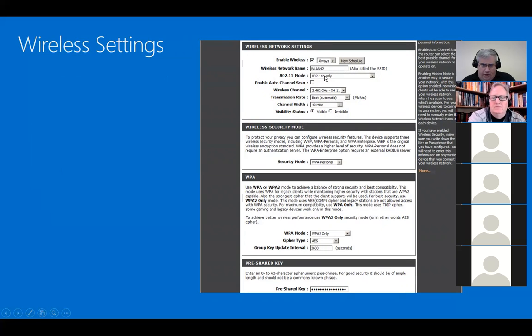In this case, it's got 802.11n only, channel 11, 40 megahertz channel width, so you can make the channels larger and smaller. The smaller they are, the less speed you can have, but more people can use the amount of bandwidth you've got available. So if you've got a high density environment, you want the channel width to be smaller.